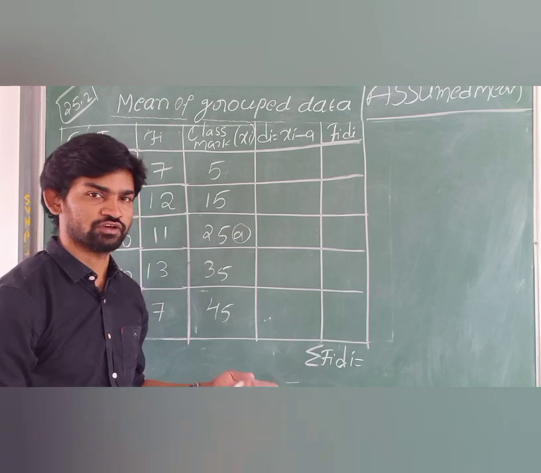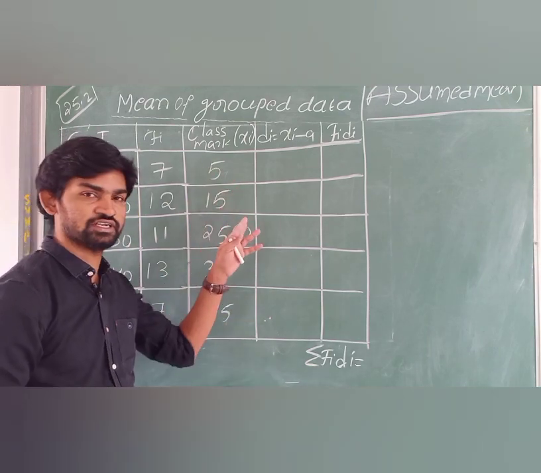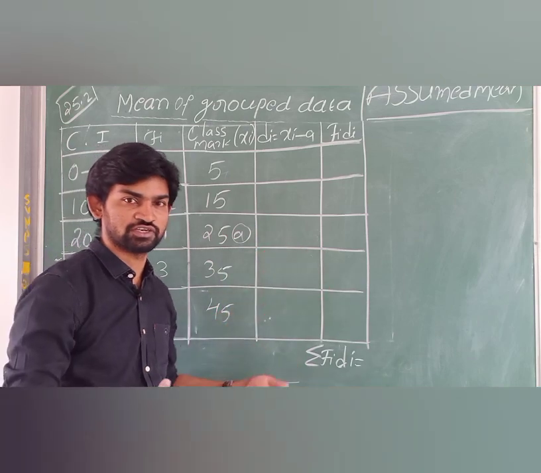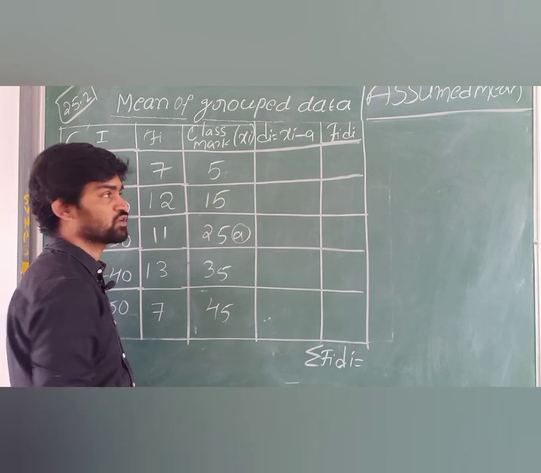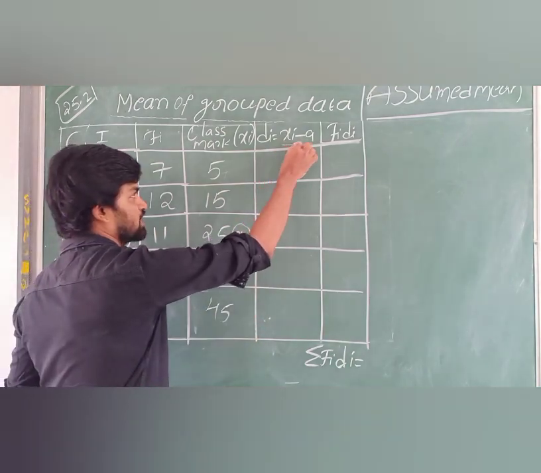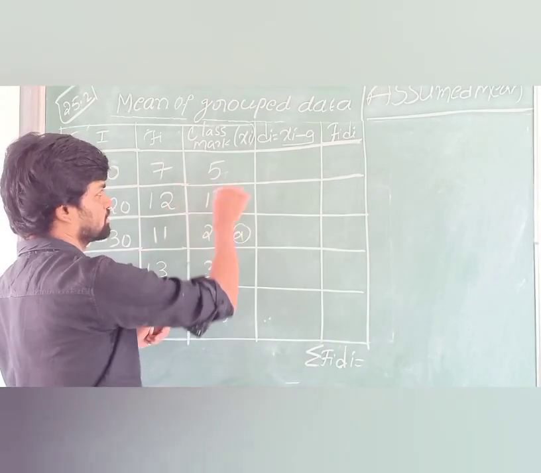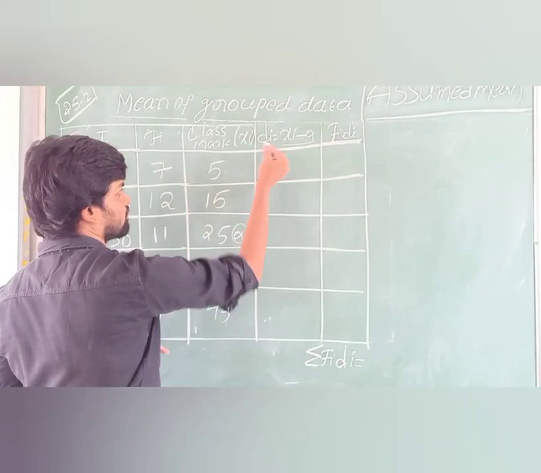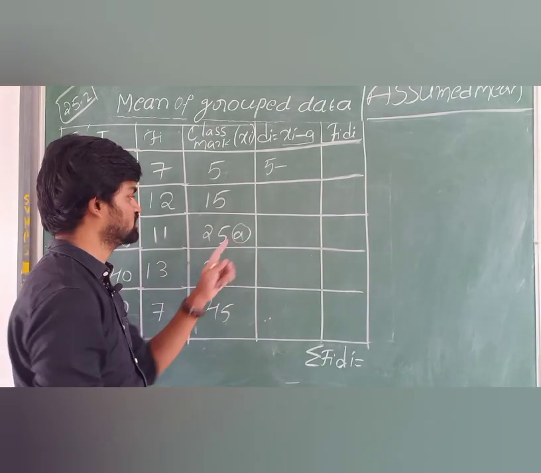If you are comfortable, you can take any observation here and check. You will get the same answer. If you want, you can try. Now let us see this di column. The di column has a formula, that is xi minus a. Where xi in the first column is 5, minus the value of a, which will not change, that is 25.